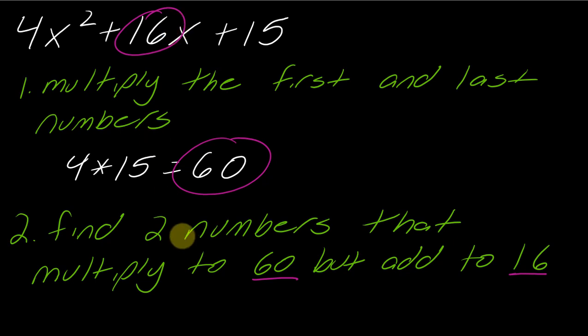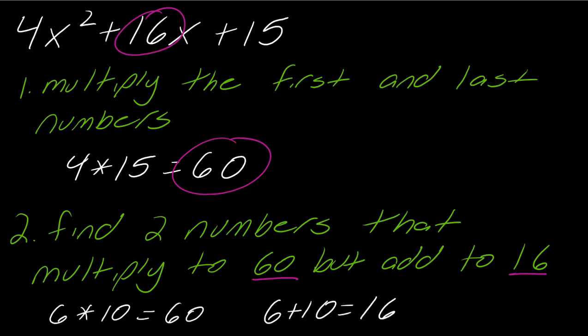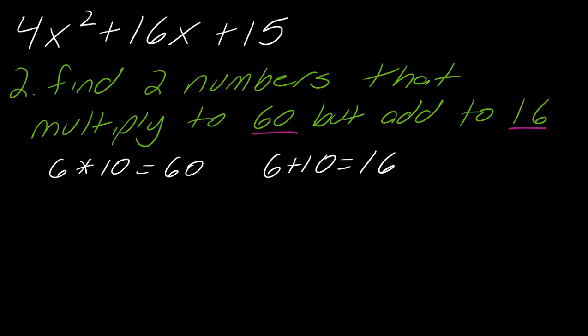So 4 and 15 do not add to 16. So even though these multiplied to 60, we need to think of other factors of 60. If I think through all the different ways I can make 60, what would add to 16? Well, that would be 6 times 10. 6 times 10 is 60, and 6 plus 10 is 16, okay? So I'll clear a little space.